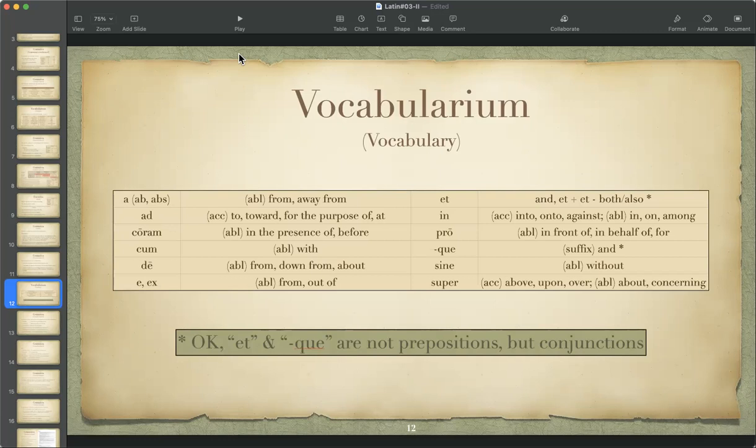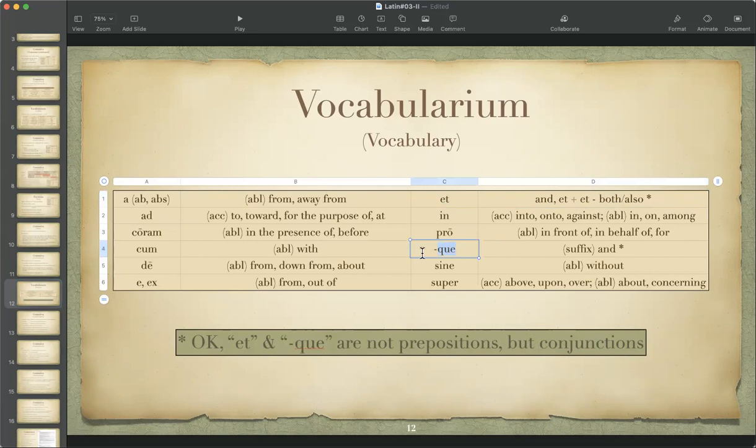So anyway, more words, just what you wanted. These are not all of the prepositions that Latin has by any means, but these are the pretty important ones. Et, which means and or both and also, is not a preposition, it's a conjunction.